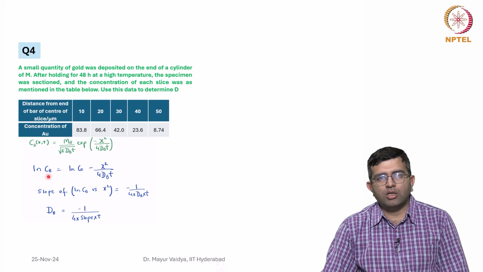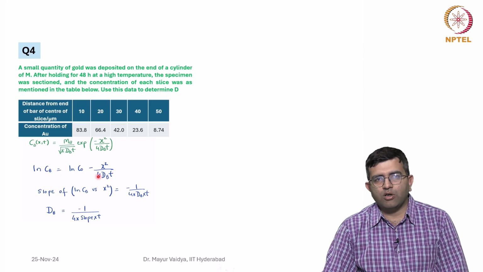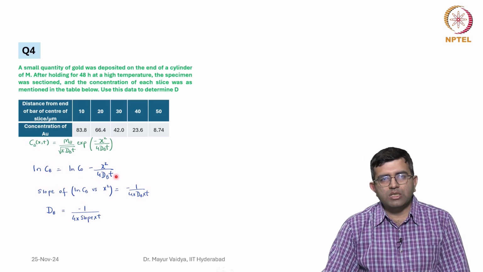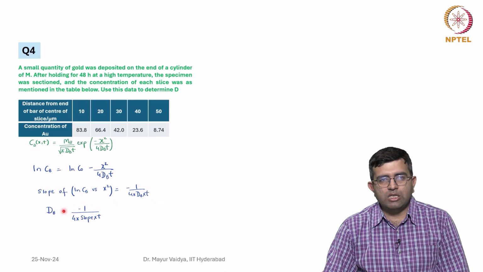If you take log on both sides, you have log of Cb is equal to log of C naught minus x square by 4 Db t. Therefore, if I plot log Cb versus x square, the slope will give me minus 1 by 4 Db t, or in other words Db will be equal to minus 1 by 4 into slope into t.